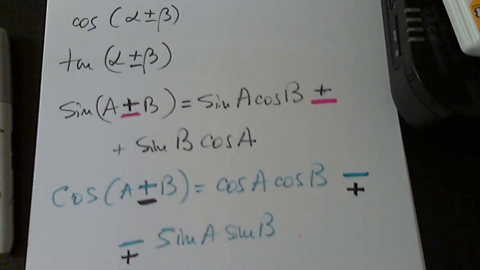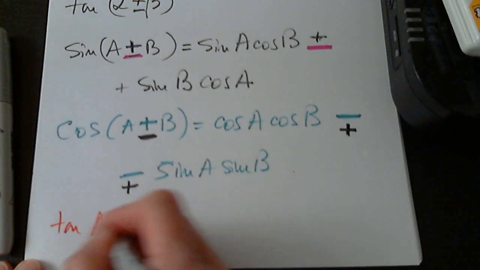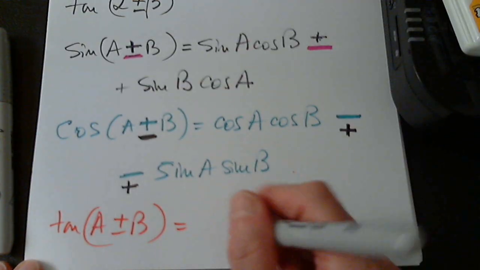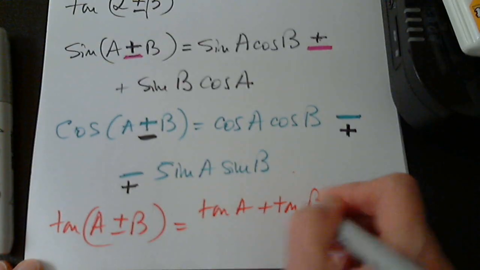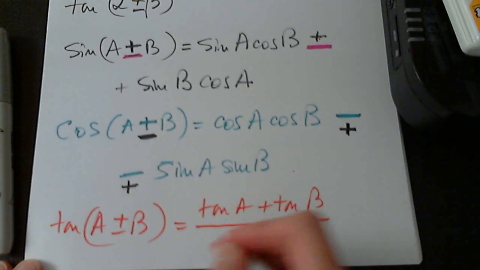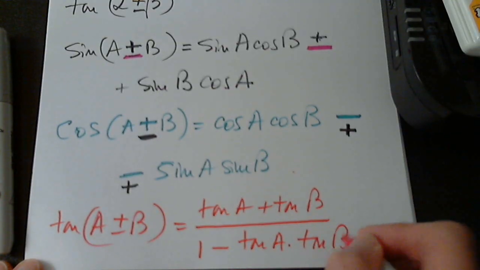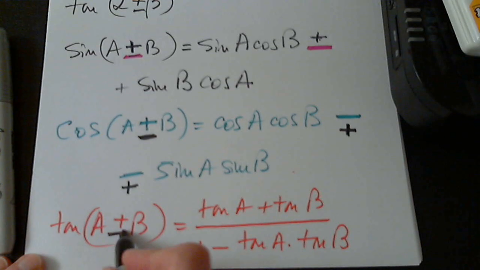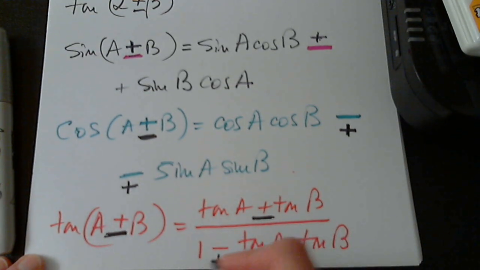And the last one, for tangent, that is a fraction. Tangent of A plus or minus B is tangent A plus tangent B over 1 minus tangent A tangent B. So if this is minus, but this is plus.